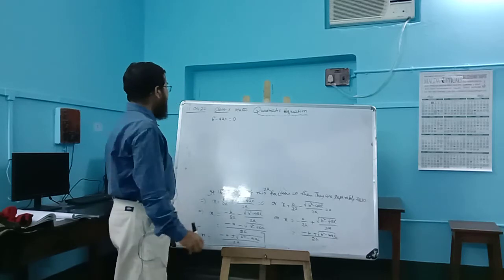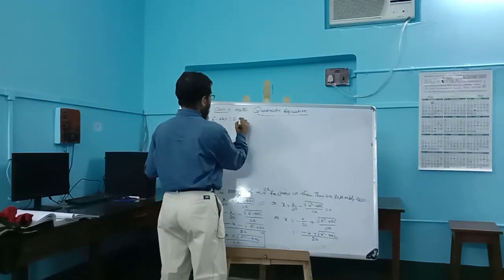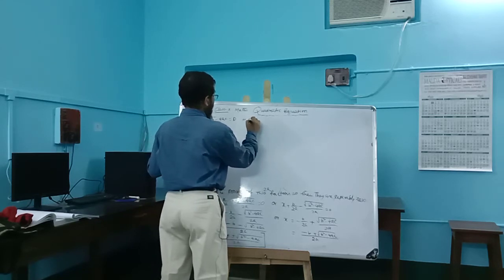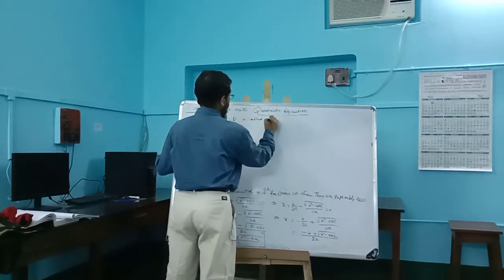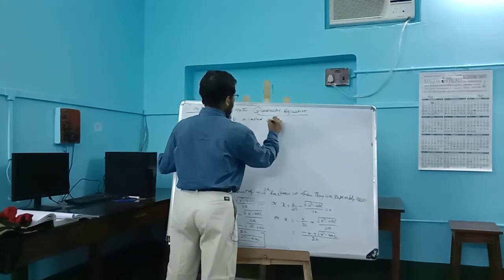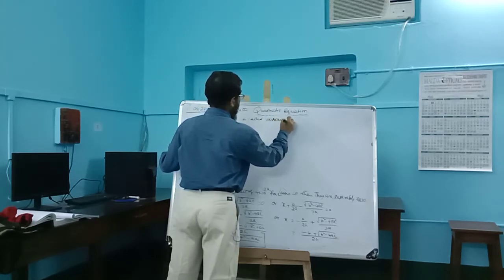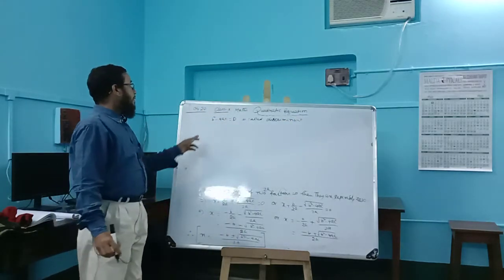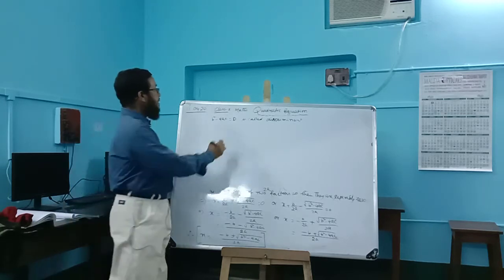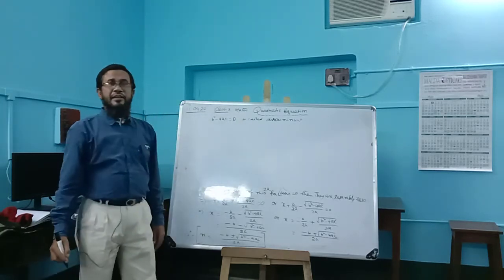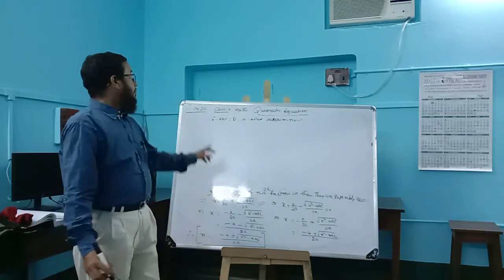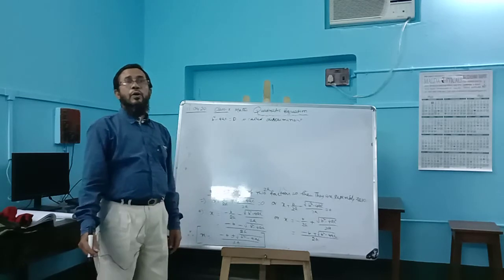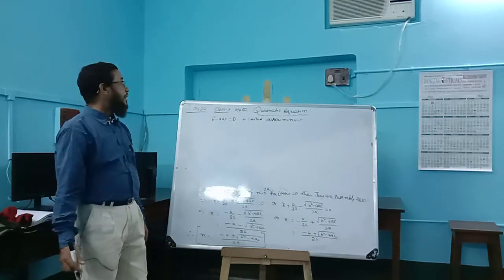B square minus 4ac is known as discriminant, denoted by d. B square minus 4ac equal to d is called the discriminant. From this discriminant we can find out the nature of the roots. What is the nature of the roots we can say?